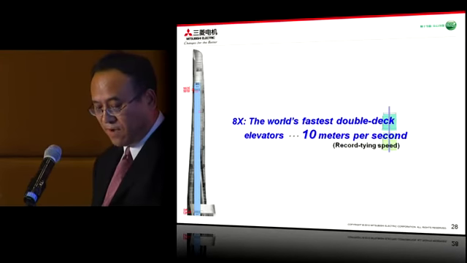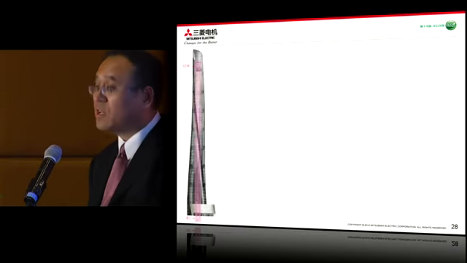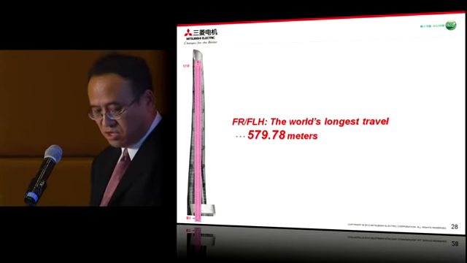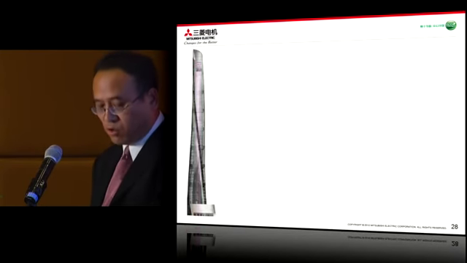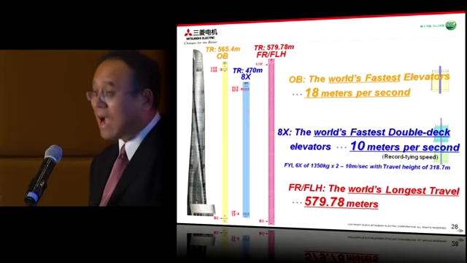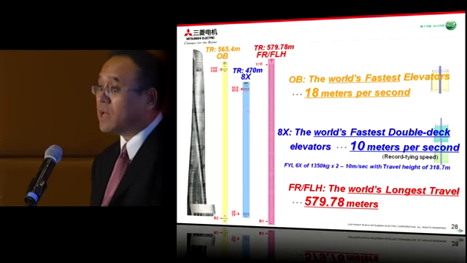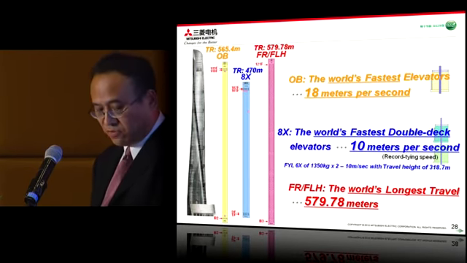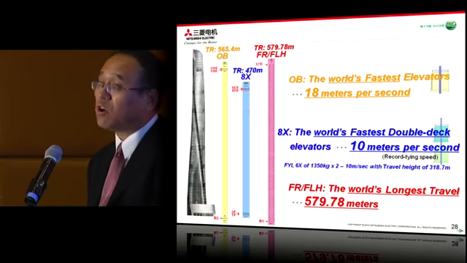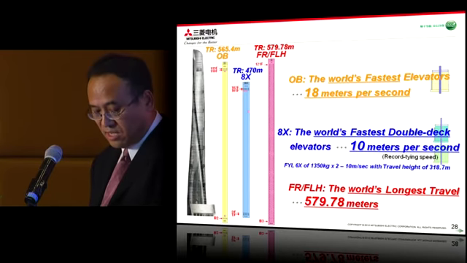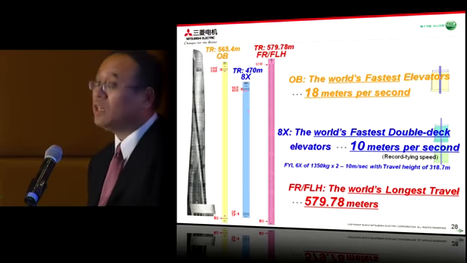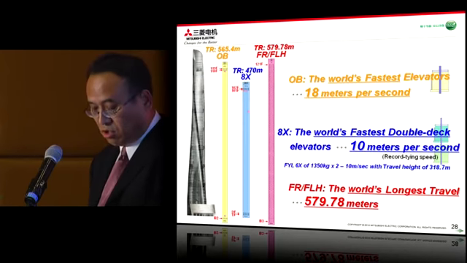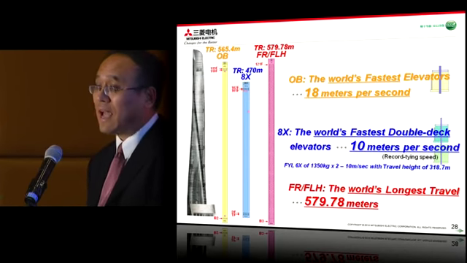Secondly, the world's fastest double-deck elevator with 10 meters per second. Thirdly, the world's longest travel with 598.78 meters. Just for your additional information, as the world's fastest double-deck elevator, we also provide a 10 meters per second speed double-deck elevator in the office zone called the Bank 6X.